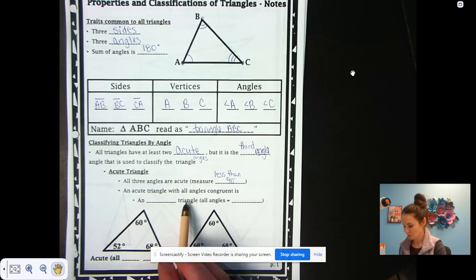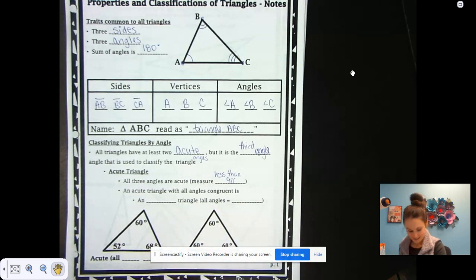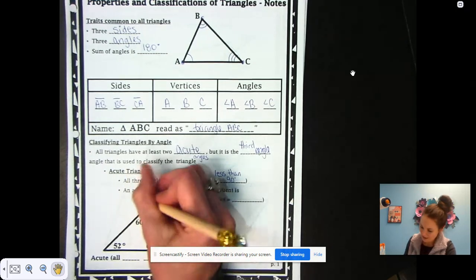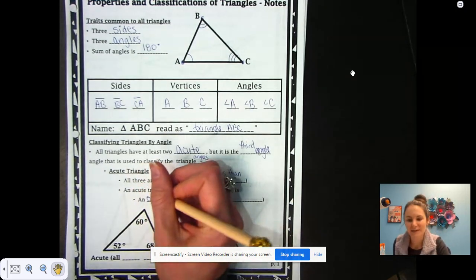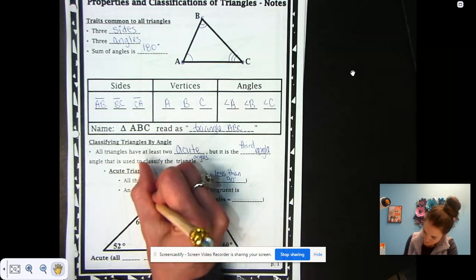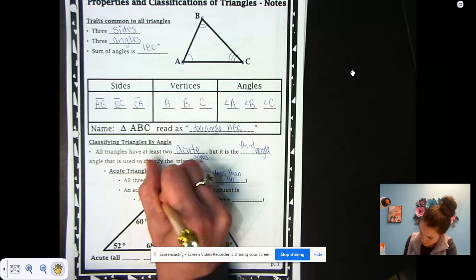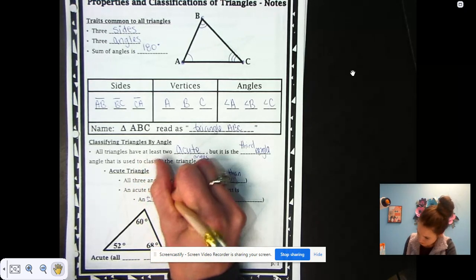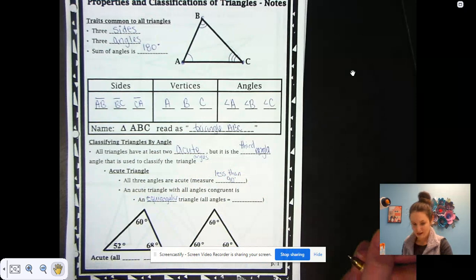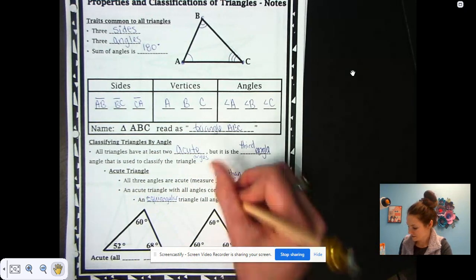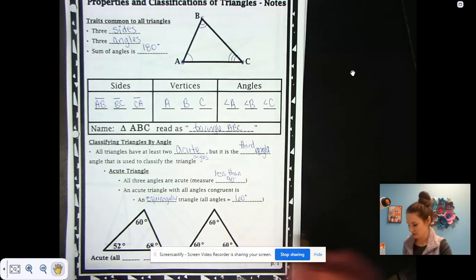An acute triangle with all angles congruent is an equiangular triangle, E-Q-U-A-N-G-U-L-A-R, and all angles measure 60.